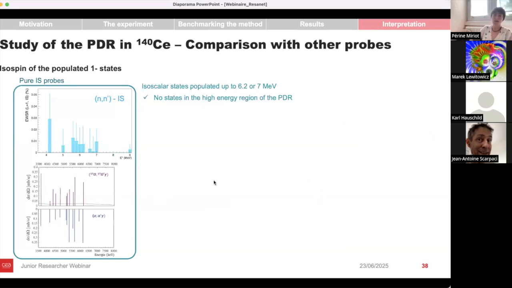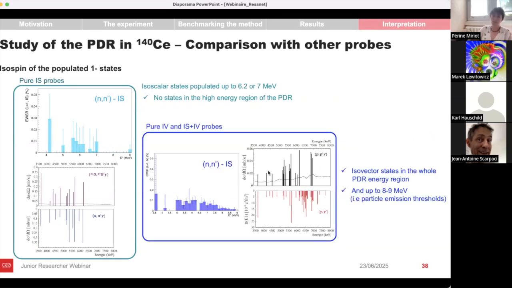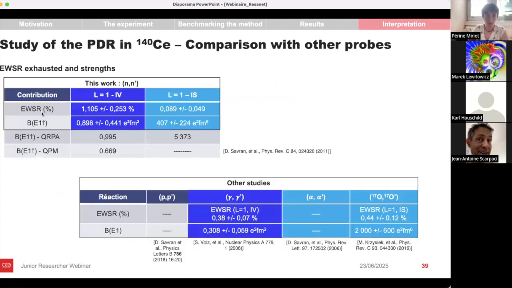And if we now look at the isovector component in the pygmy region, you see that, in agreement again with the other probes, we populate in the isovector response states up to 9 MeV, up to the neutron separation energy threshold. If we now compare the different probes more quantitatively, I recall here the percentages of the energy-weighted sum rule that were exhausted with the neutron probe, and I give here the corresponding transition probability values corresponding to those energy-weighted sum rules.